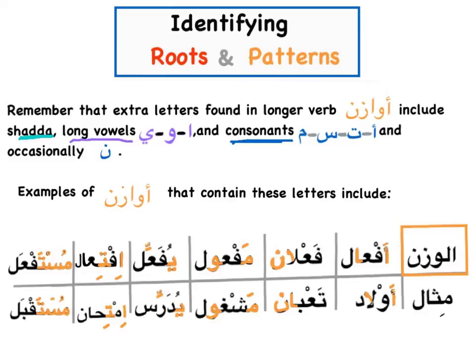You get rid of the extra letters, like, remember, alif is the enemy of roots, so you get rid of alif, mim, long vowels that are not part of the root, ta, mim again, and sin, and you get the root.